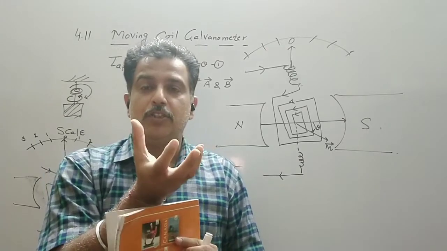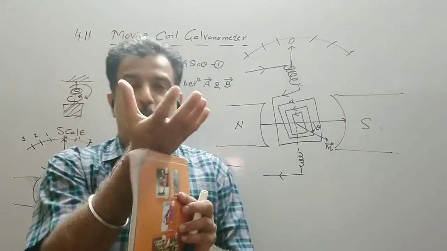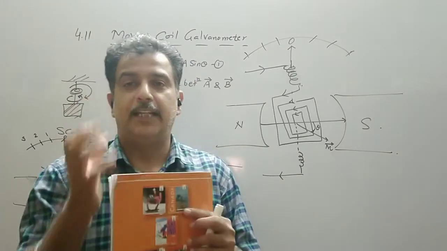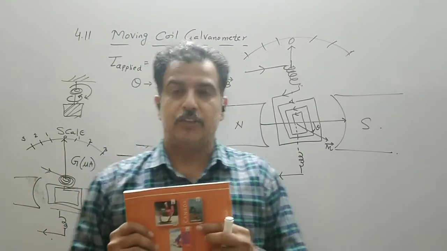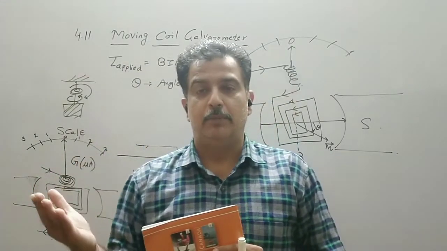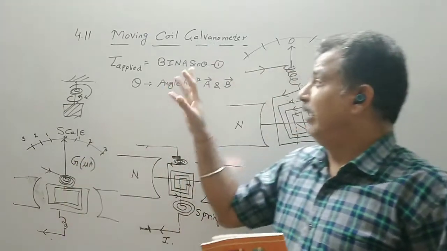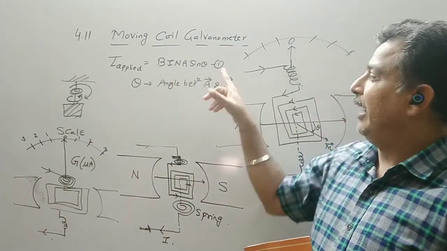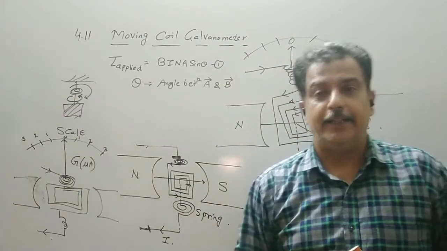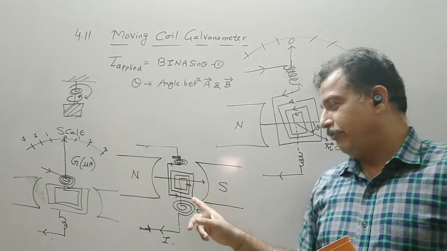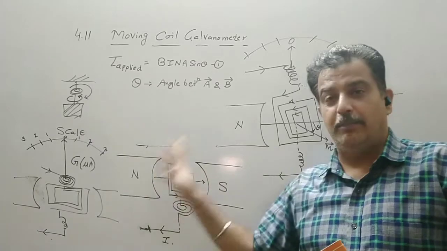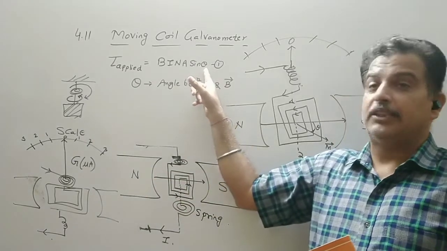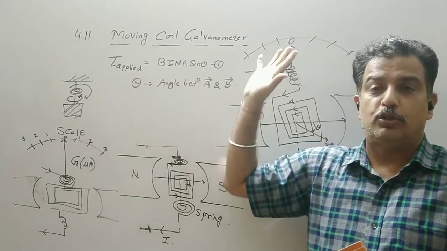At one stage there is a maximum deflection. Now when will the torque be maximum? Only when theta is 90. So we will create a situation where theta always remains 90 degrees. Because if we don't use cylindrical magnets, theta will keep on changing and therefore the applied torque will also change.